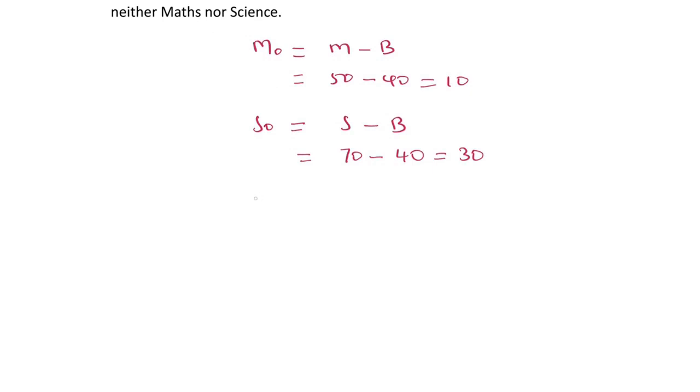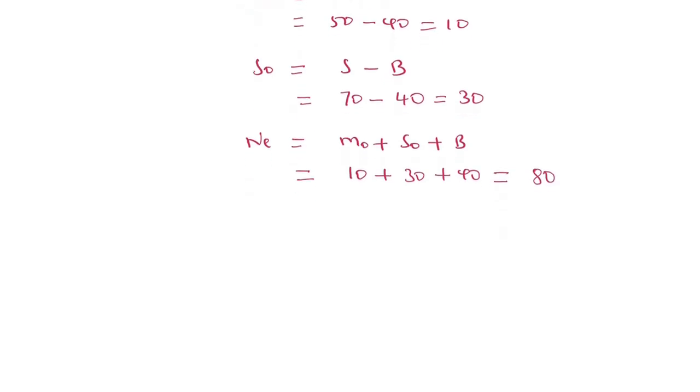Next, to find the number of students who study either of the subjects, we are going to take students who study math only plus students who study science only plus students who study both subjects. So our numbers are going to be 10 plus 30 plus 40, of which, solving this, we are having 80 students.